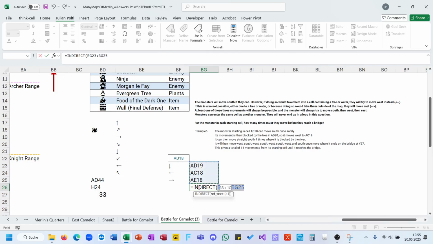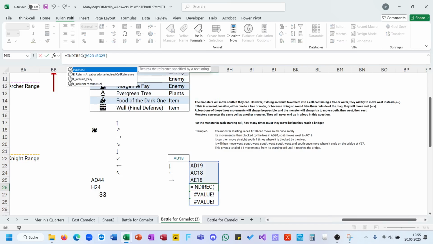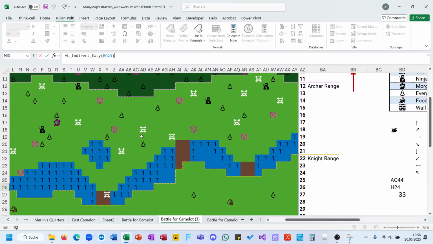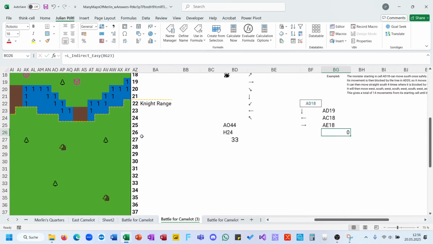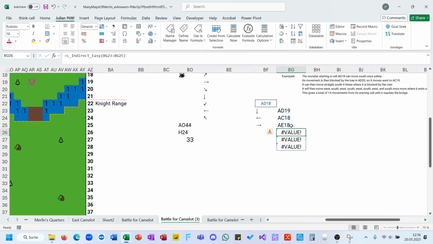I think indirect will not spill. Yes. But I have an issue: is indirect easy not working with multiple cells? I thought it was working with multiple cells.